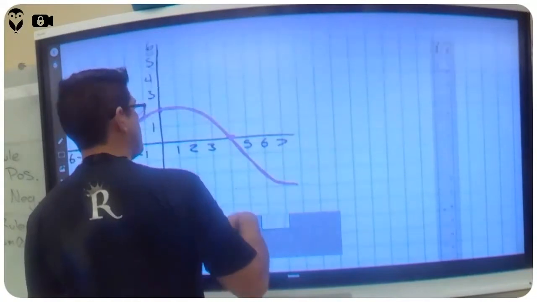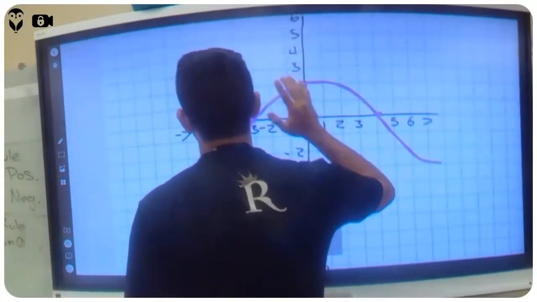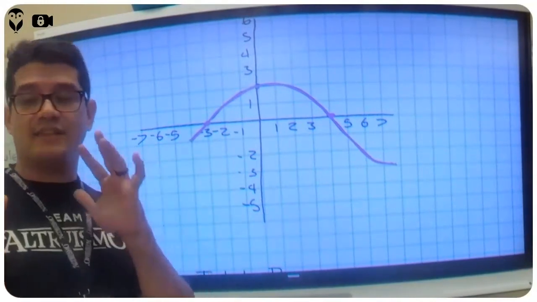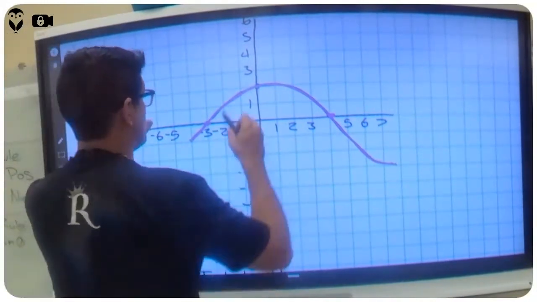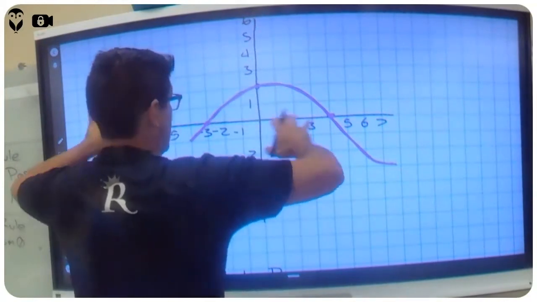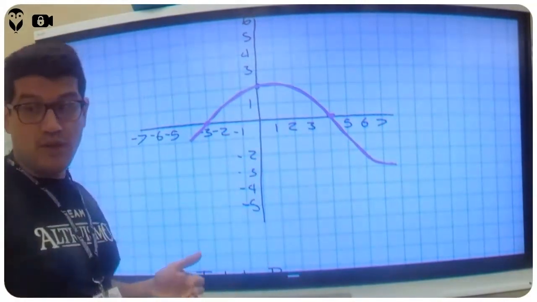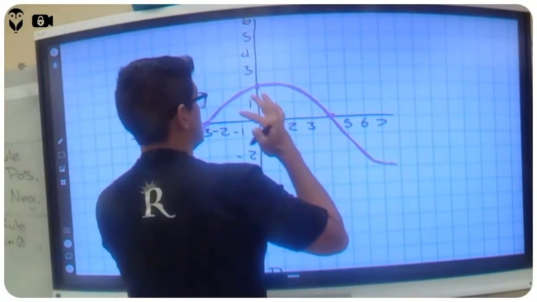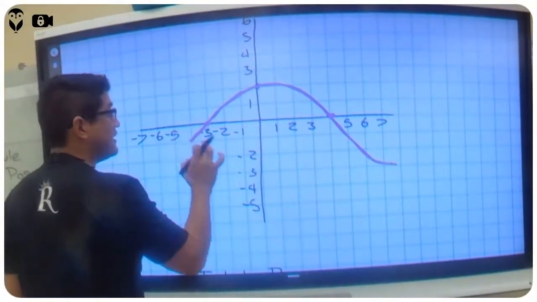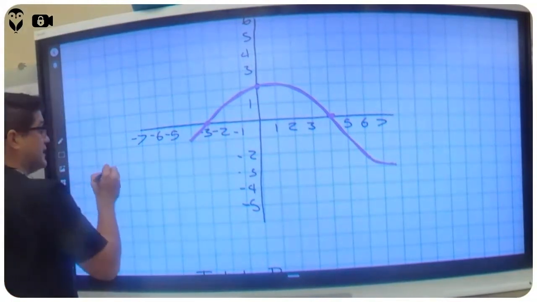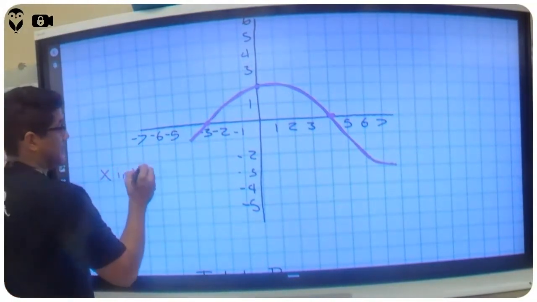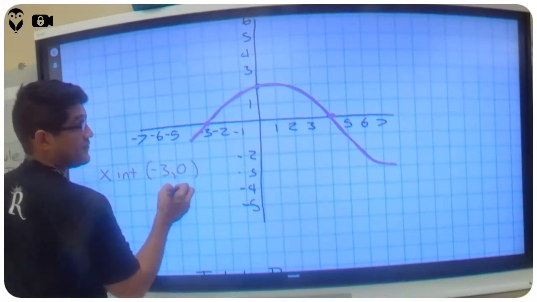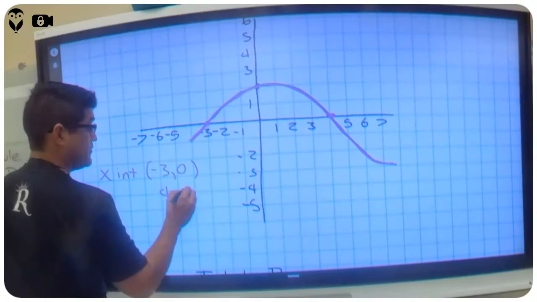Okay, now let's talk about graphing, labeling or describing a graph. The first thing we're going to talk about is x and y intercepts. So the graph is the black lines. The line is the purple. You have to tell me, when does this purple line intersect with x? So if I was telling you the x-intercept, I would say the x-intercepts are (-3, 0) and (4, 0).